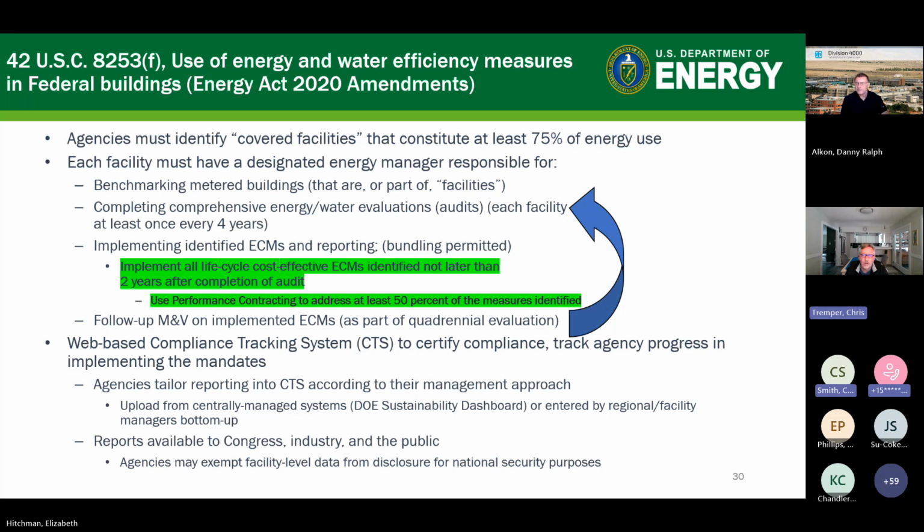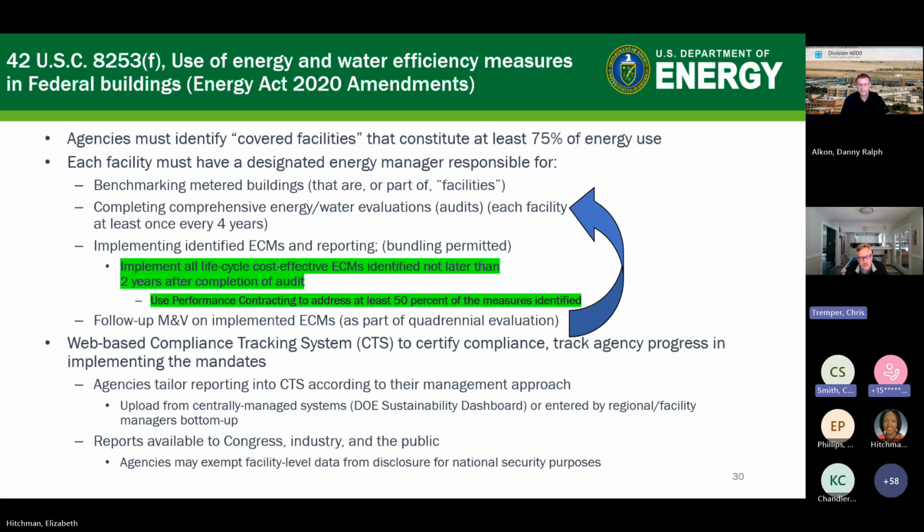The reason that was "may" in the legislation at the time was because this legislation was scored, and Congress, recognizing that having each energy manager implement those investments in 2 years would have added billions of dollars to the budget. So that's why the word was "may" at the time.